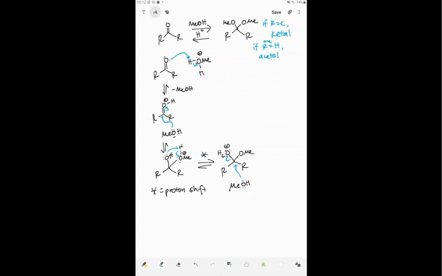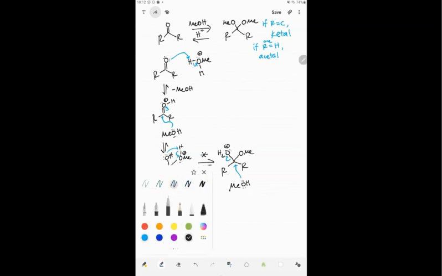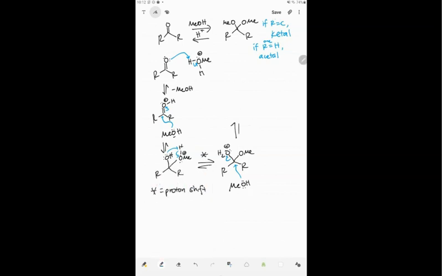It's not going to get us to where we need to go. But this will get us there. We lose some water. We have our protonated form.